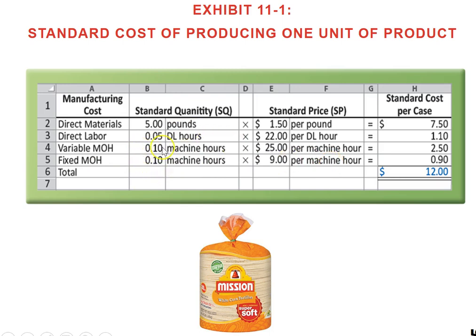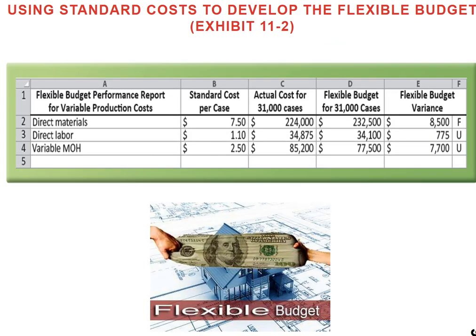So if you multiply by 0.1 machine hours, you figure out that the variable manufacturing overhead cost for 1 unit of tortilla will be $2.50, and the fixed overhead per unit will be 90 cents. And if you add all these costs, you figure out that 1 unit of tortilla bread actually costs $12. So this is the ideal situation, or the standard cost of 1 unit of product.